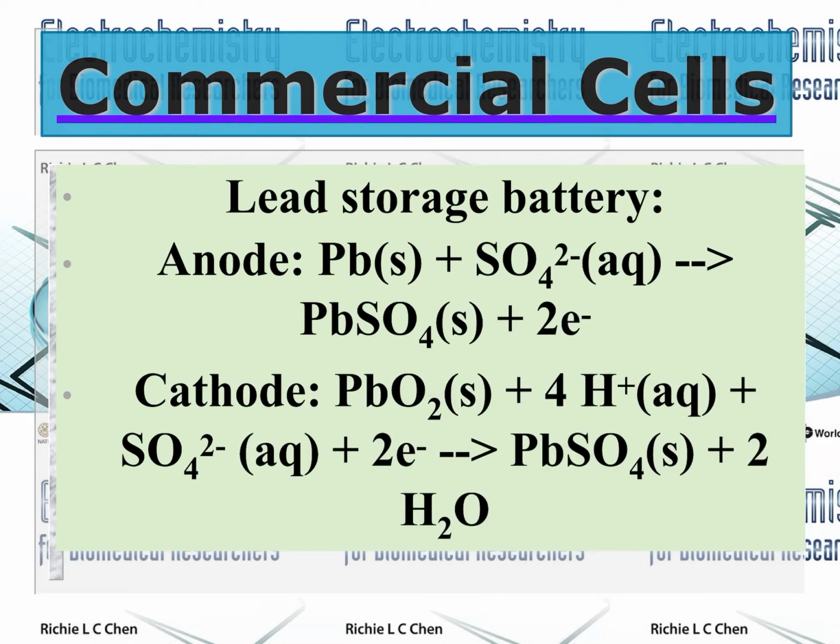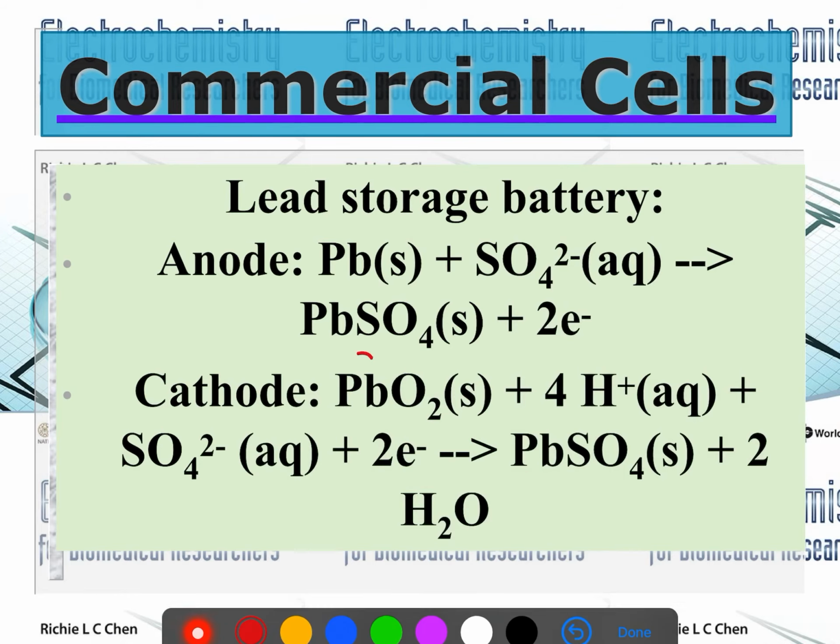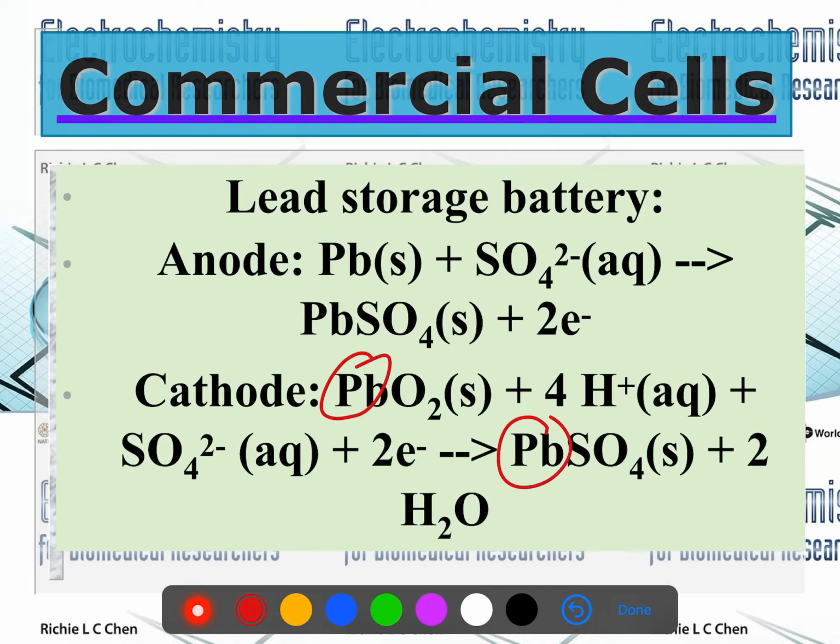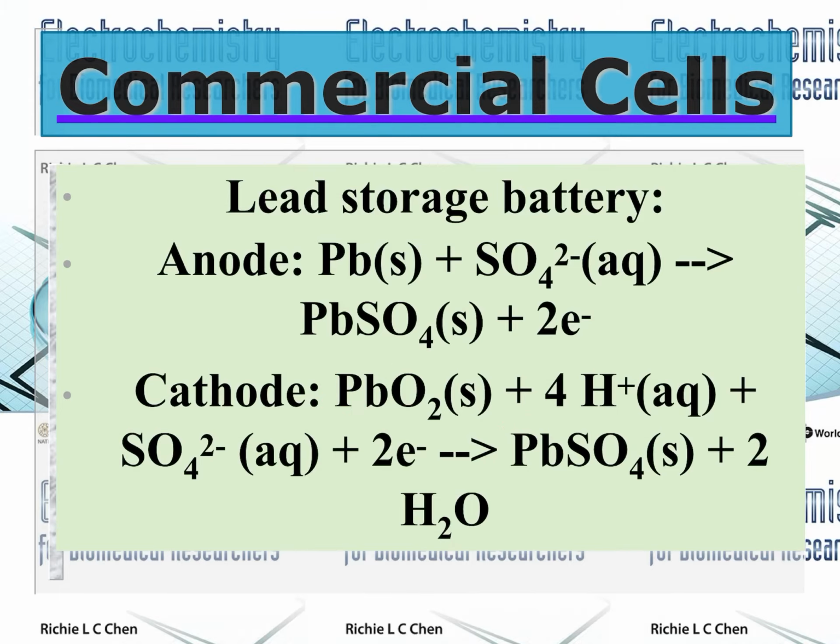The second commercial battery that they want to talk about is the lead battery that's used for car engines. And in that, we have alternating lead plates in a solution of sulfuric acid, and that creates the oxidation of lead at the anode and the reduction of lead from lead 4 plus down to lead 2 plus at the cathode.